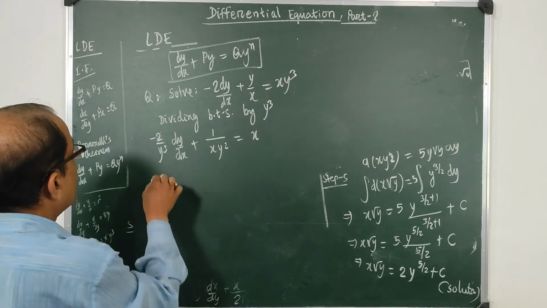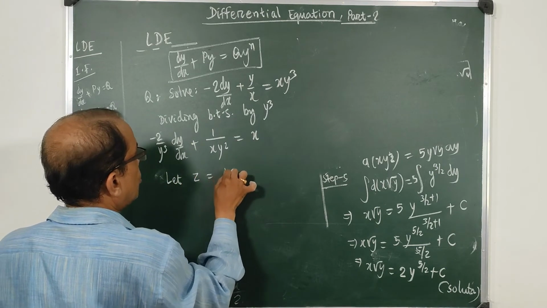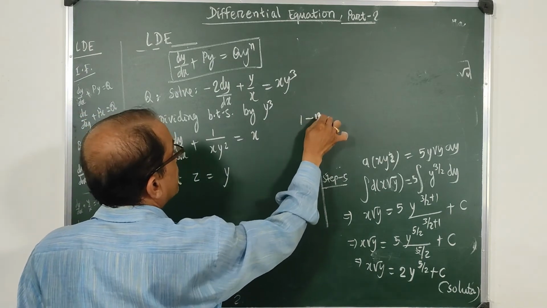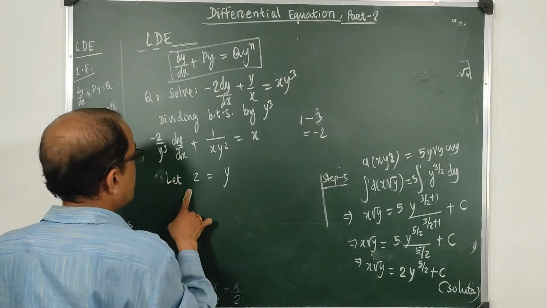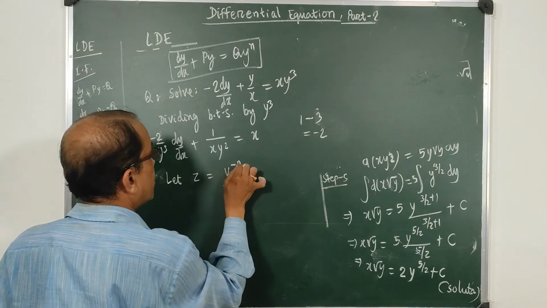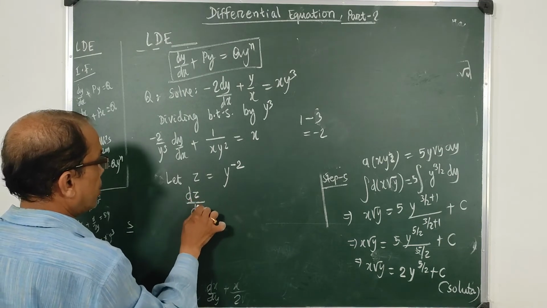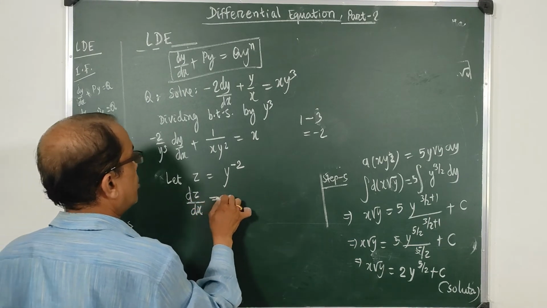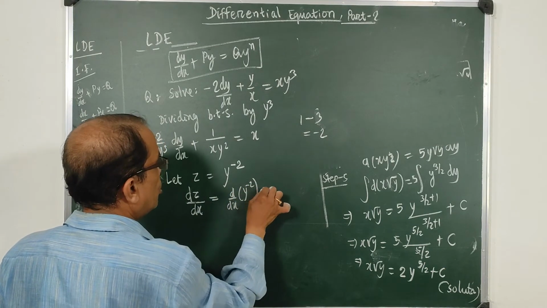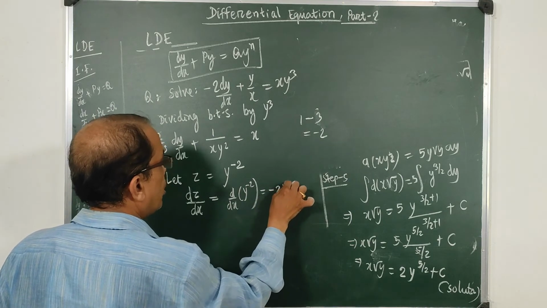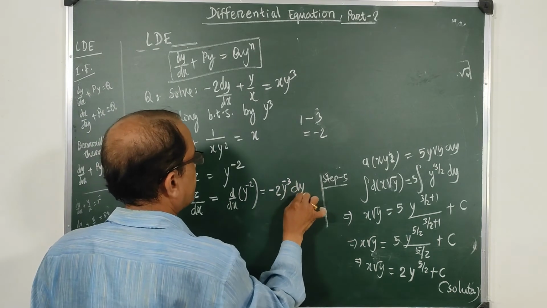Now let us put z is equal to y to the power 1 minus n. n was 3 here, so 1 minus 3 is minus 2. So let us put z is equal to y to the power minus 2, so that dz by dx will be equal to d by dx of y to the power minus 2, which will be minus 2, y to the power minus 2 minus 1 means minus 3, and dy by dx.